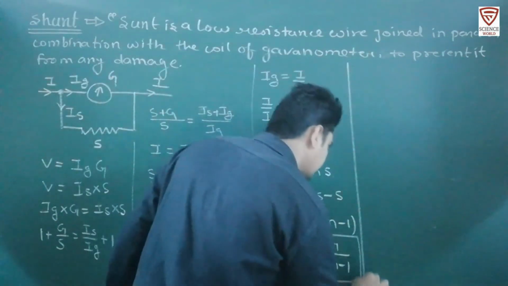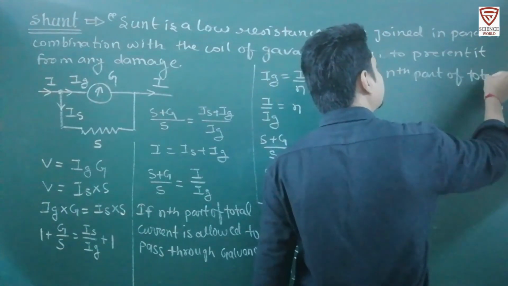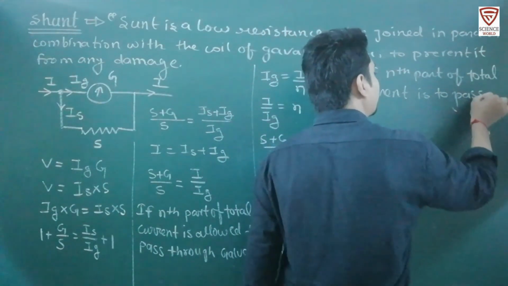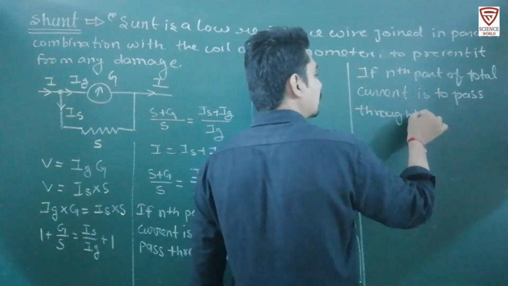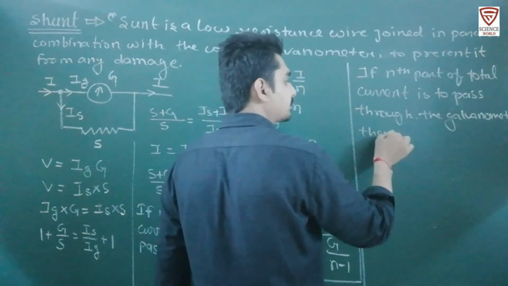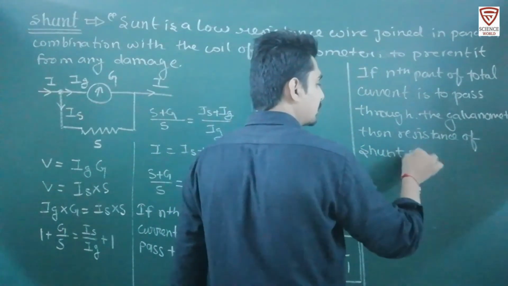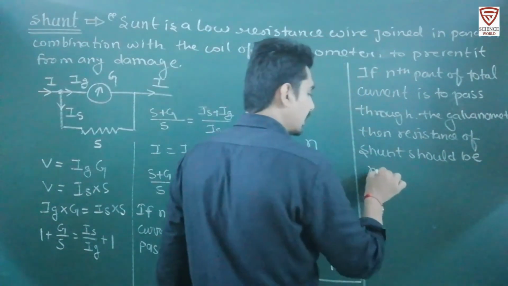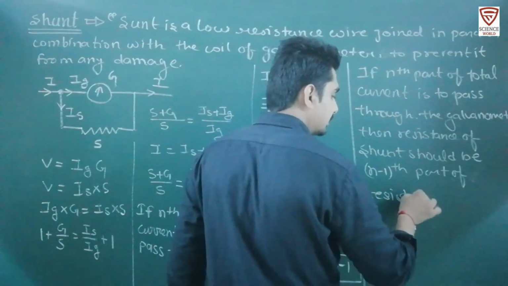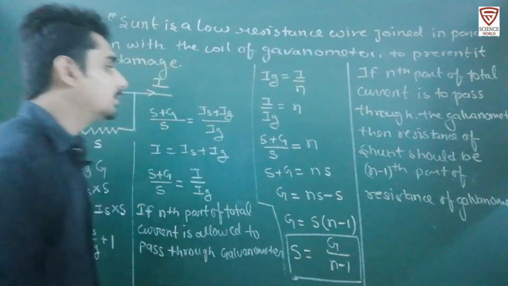So we can write down, if nth part of total current is to pass through the galvanometer, then resistance of shunt should be n minus 1th part of resistance of galvanometer. So students, note this topic.